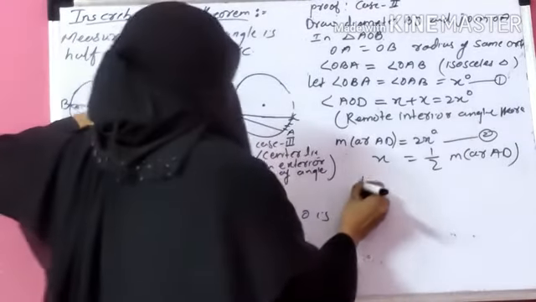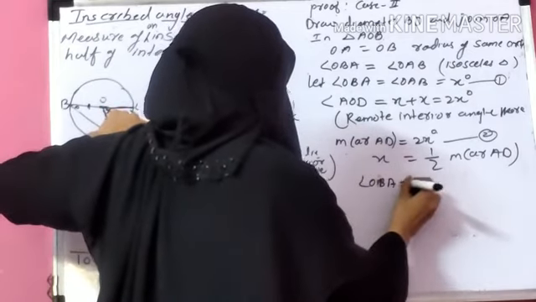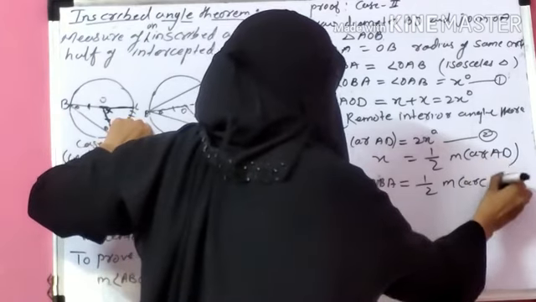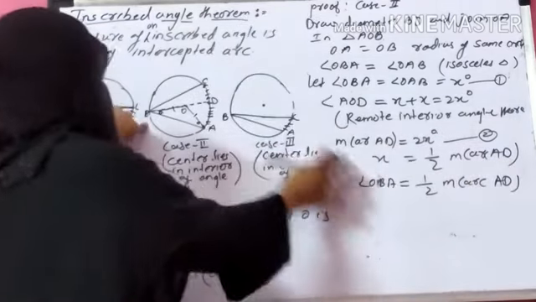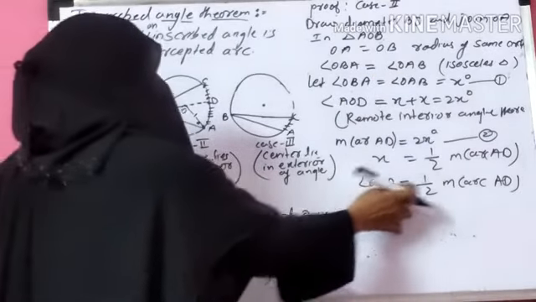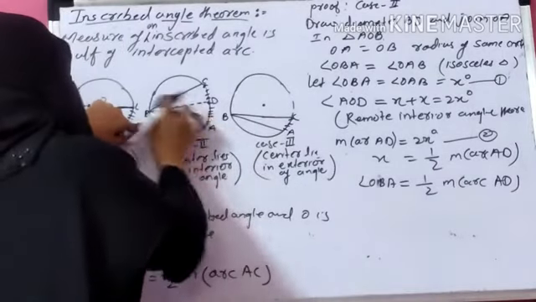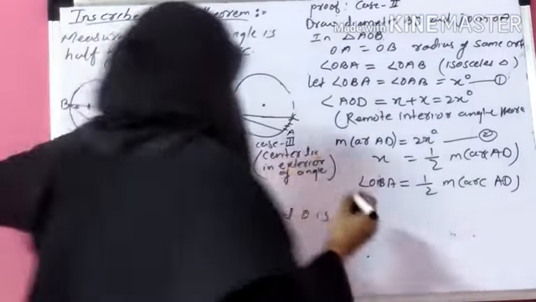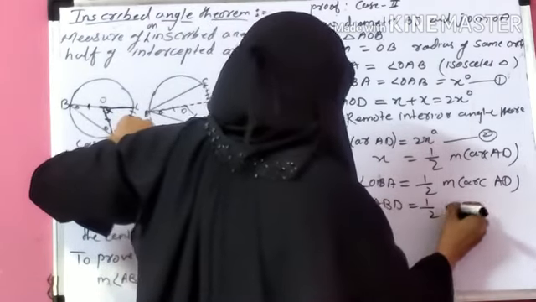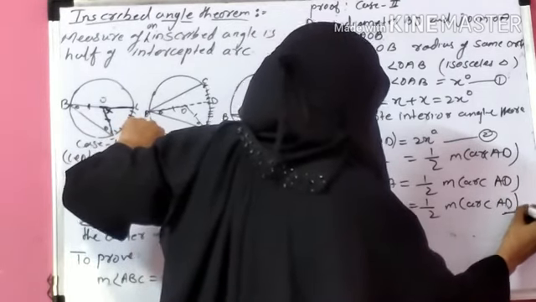So angle OBA is half of the measure of arc AD, because angle OBA is equal to x degrees. OBA you can write as ABD also. Angle ABD is half of the measure of arc AD. Give it number 3.